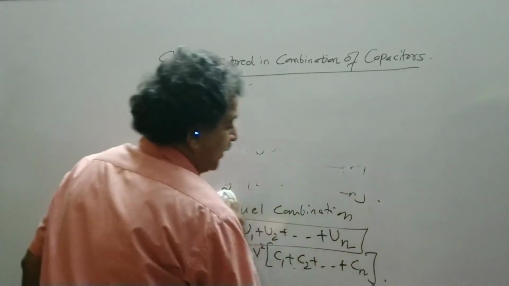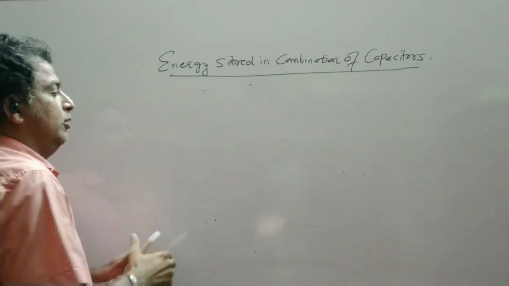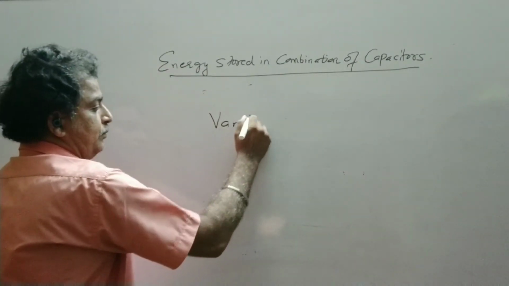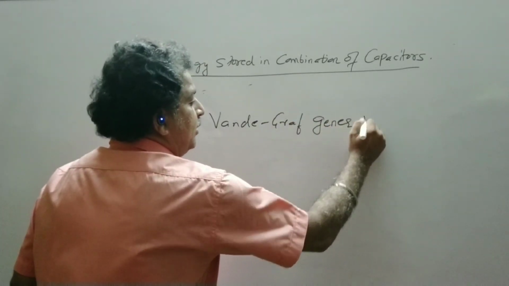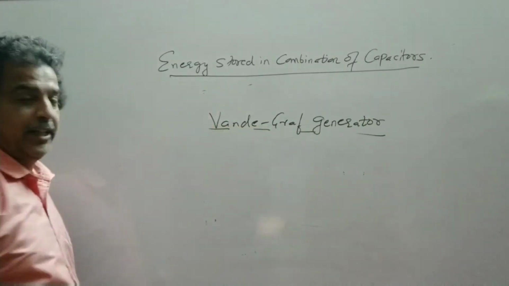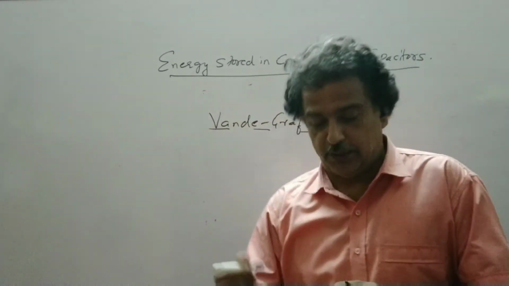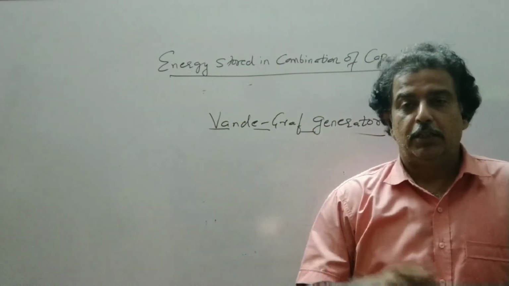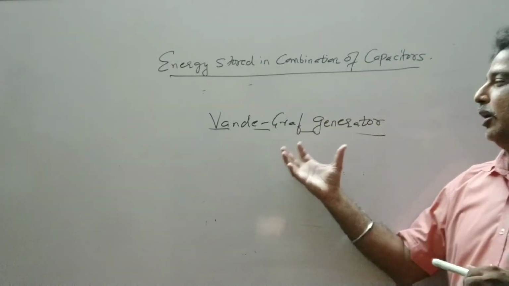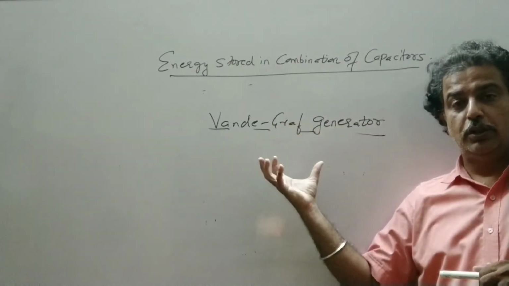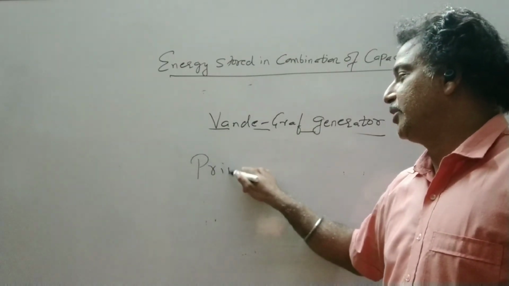Now the last topic which is given in the book is the Van de Graaff generator. So there is one device given, the Van de Graaff generator. Now this topic is not included in our Gujarat board syllabus, but we need to understand this device also, and most important, we have to understand its principle.